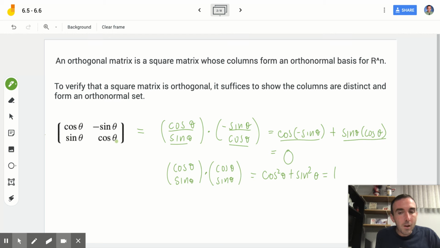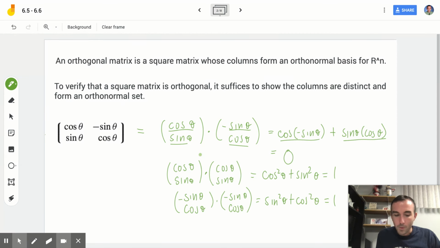And if I repeat it for the second column, negative sine theta, cosine theta times negative sine theta, cosine theta, I get a very similar result. I get sine squared theta plus cosine squared theta, and that also adds up to 1 by identity.